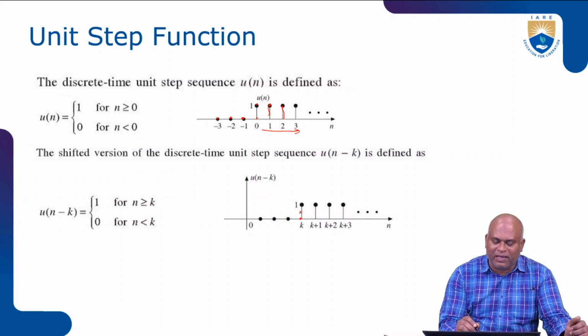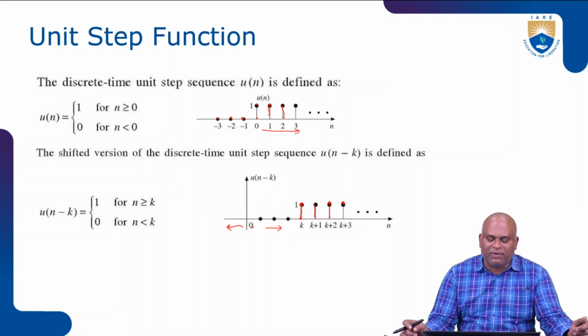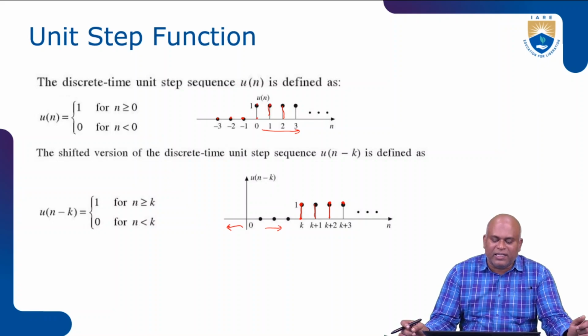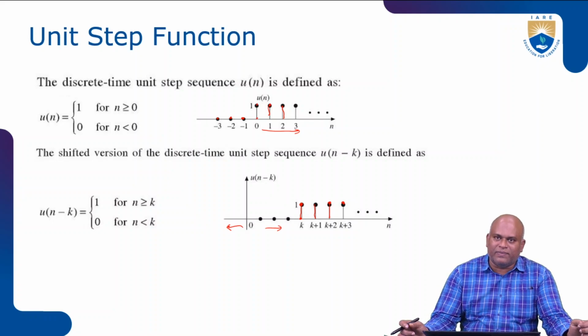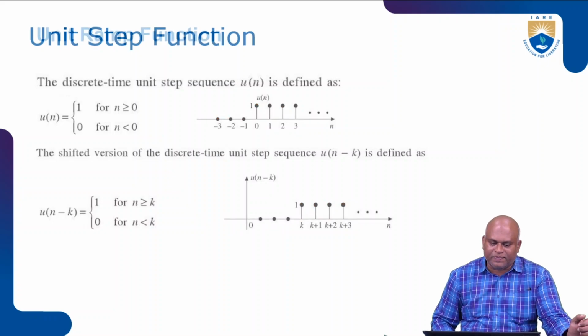When k is reached, the amplitude is equal to 1. After k plus 1, k plus 2, all the discrete values are represented as 1. The remaining portion, including the negative side, is represented as 0. This is the shifted version of the discrete time unit step function u of n minus k.